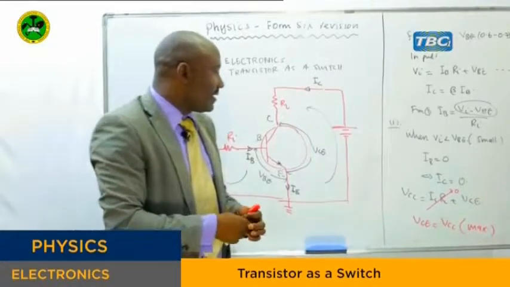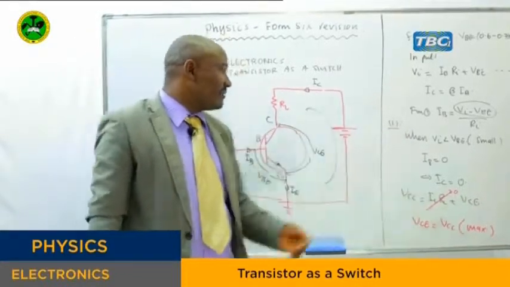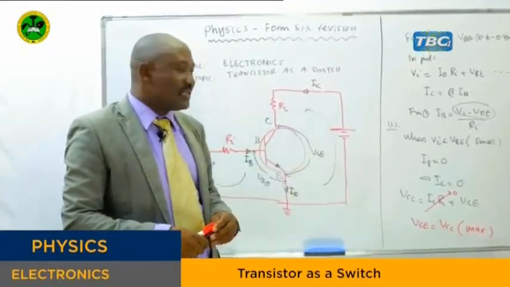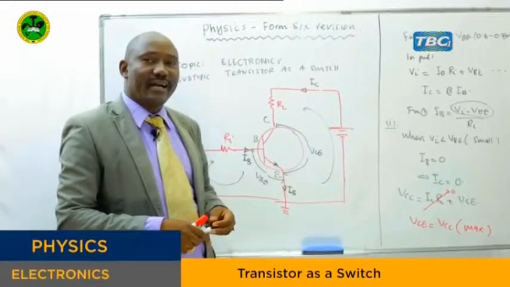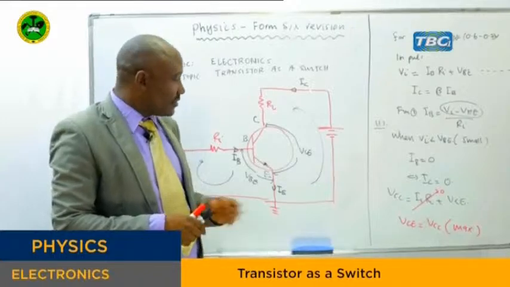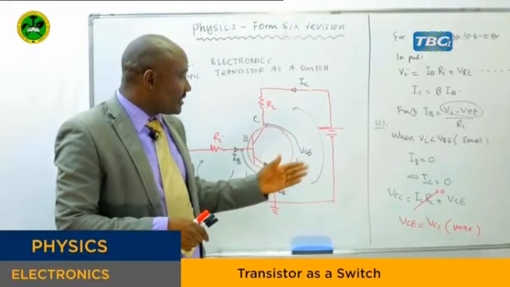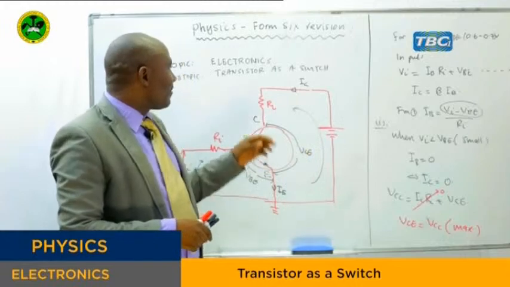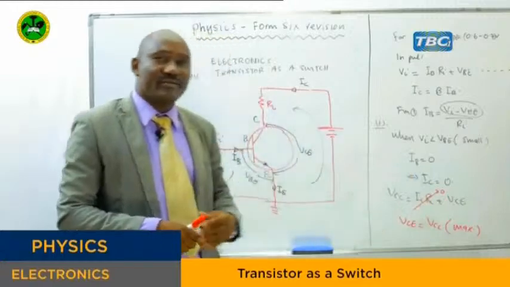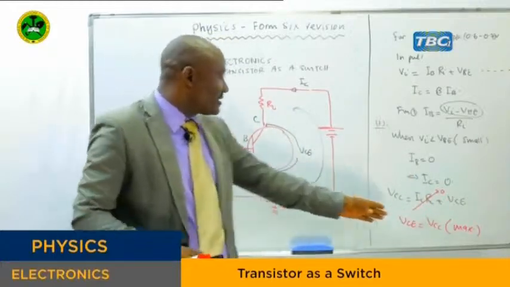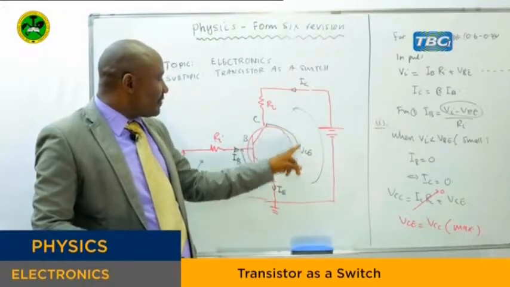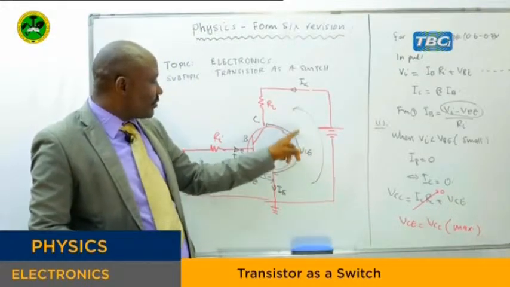What do we mean by this? If we don't have base current, automatically we don't have the collector current. In this case, the transistor is behaving as an open switch. Remember we had two states: saturation and cutoff. So this is the condition of the cutoff state. Cutoff means the transistor is behaving as an open switch, such that most of the voltage will be dropping across the transistor.